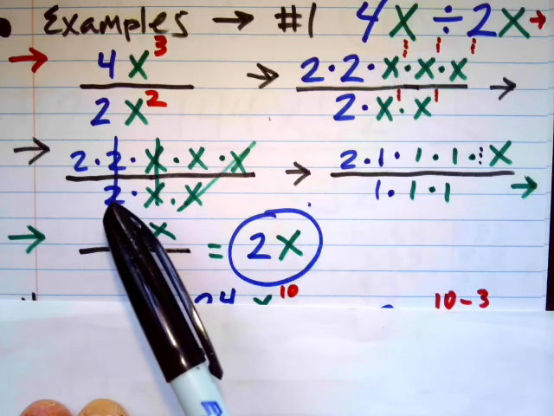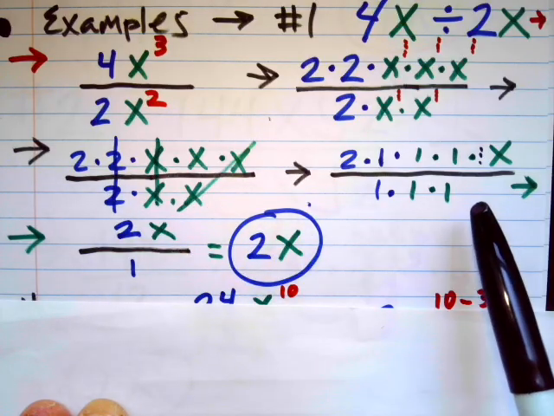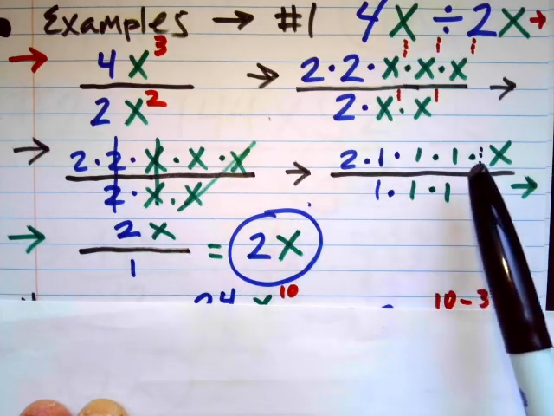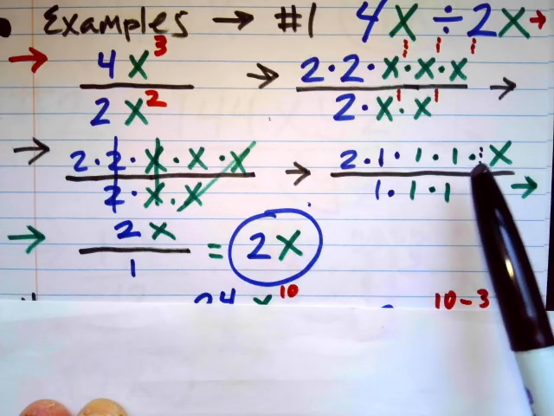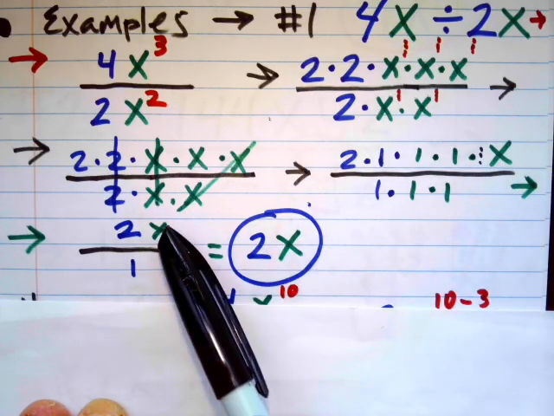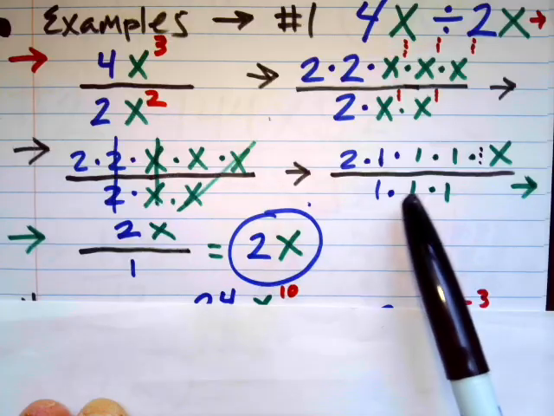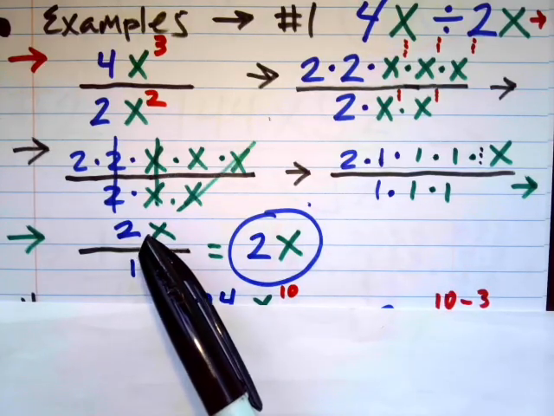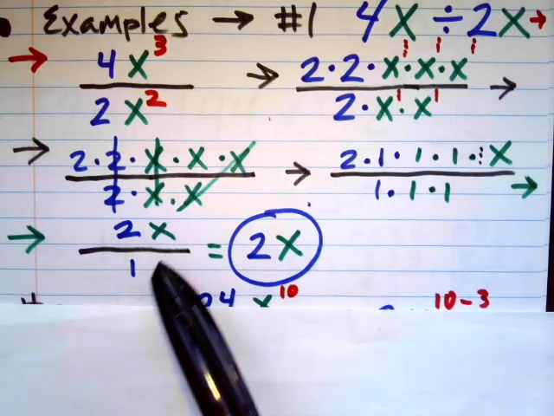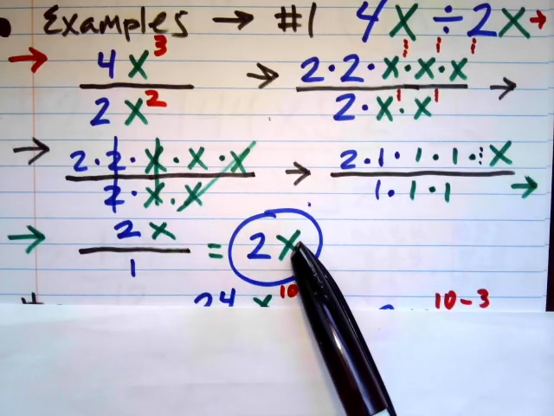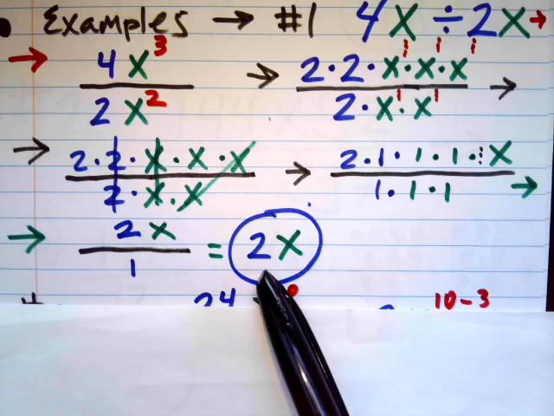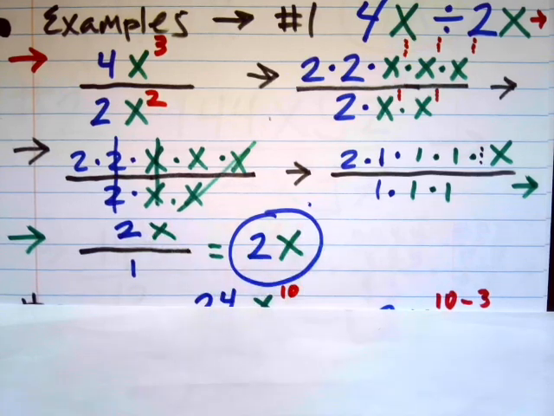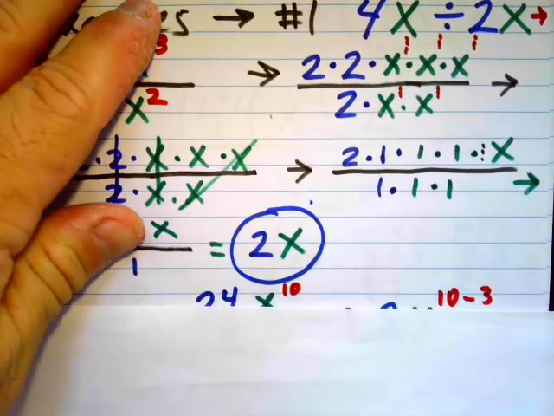And for the bottom, each of these terms is turned into 1. So 2 times 1 times 1 times 1 times 1 is 2. Attached to the x, that's the top part of our fraction. 1 times 1 times 1 is 1 in the denominator of our fraction. And you could leave this answer as 2x over 1, or just 2x with the invisible 1 in the denominator. Both of these terms mean the exact same thing.